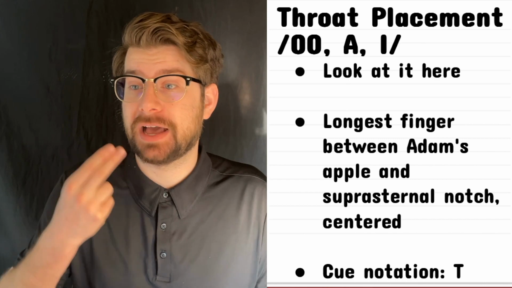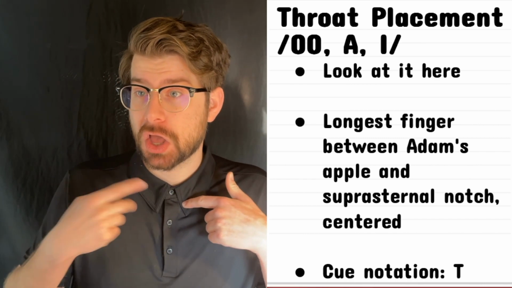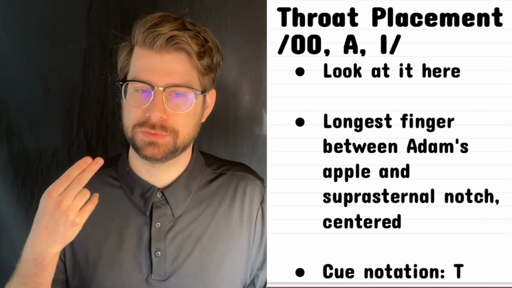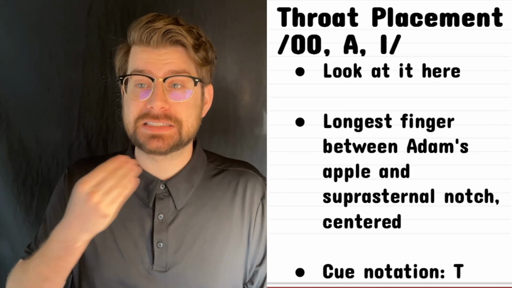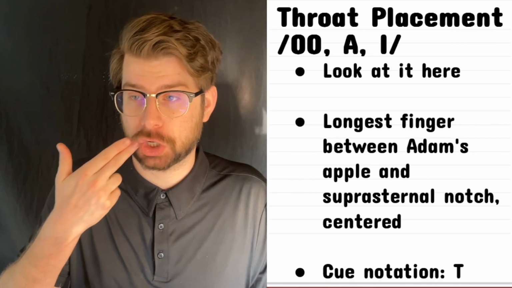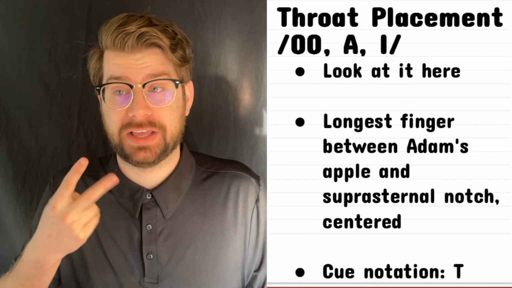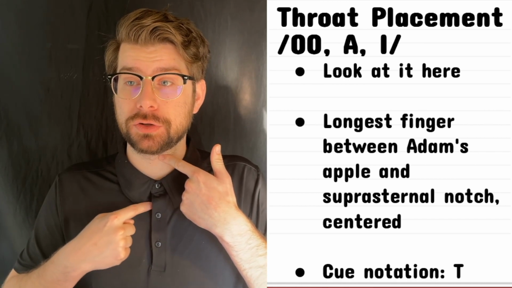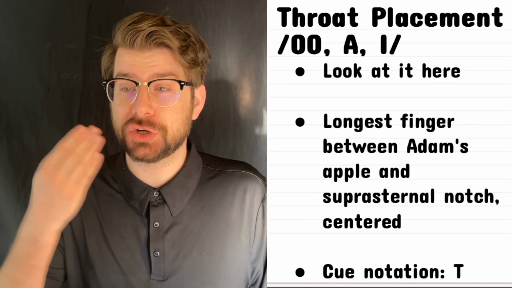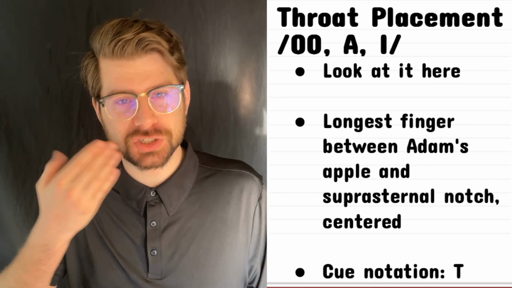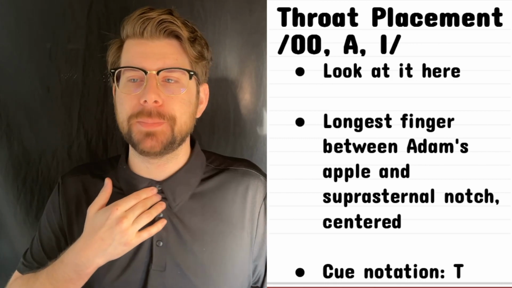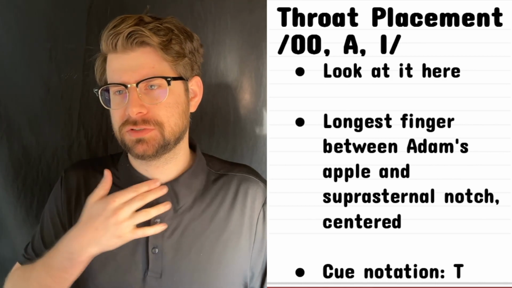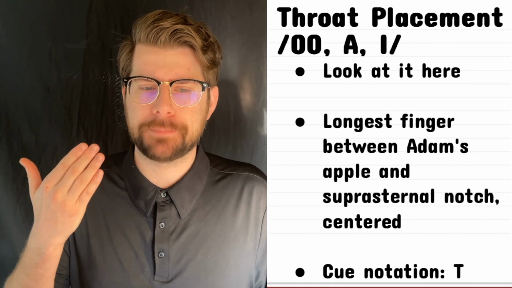You can pretend you have a necklace or something here, and you're saying, look at it, to help you with those vowel sounds. So for this placement, we're going to put our longest finger at the Adam's apple to the suprasternal notch, which is that space between your collarbones, right here.